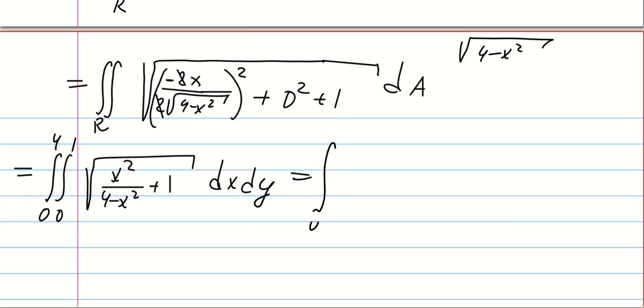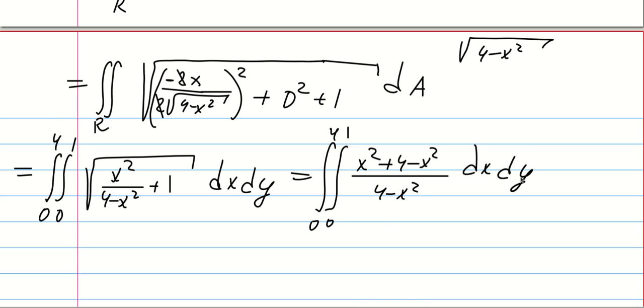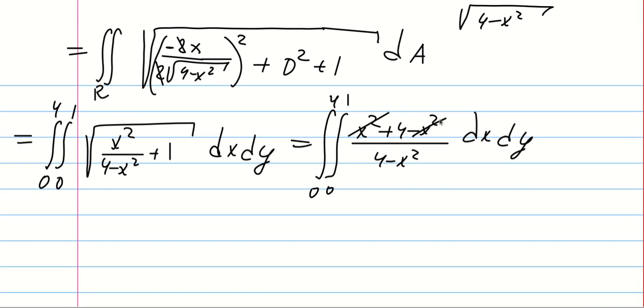If we create a common denominator, we get x squared plus 4 minus x squared, divided by 4 minus x squared. So we're adding in this 1, and x squared and x squared go away.